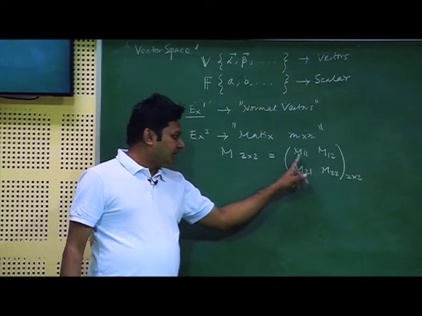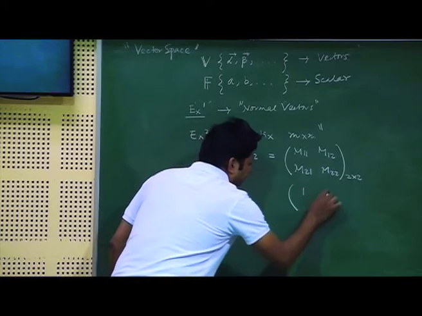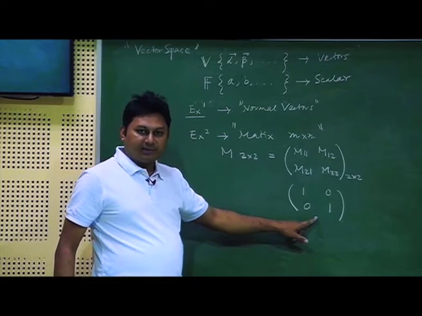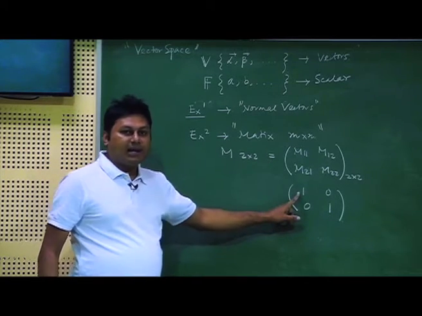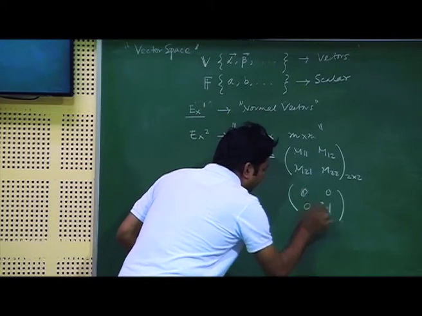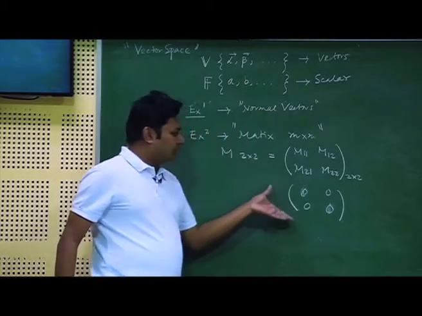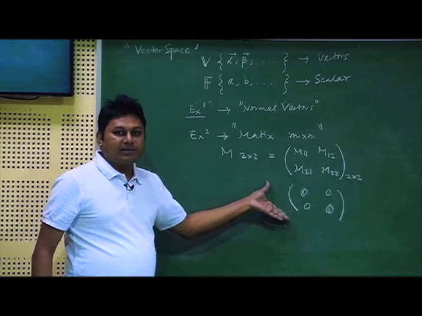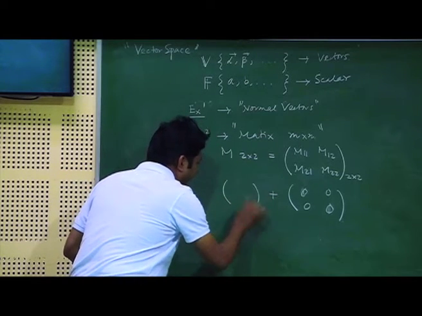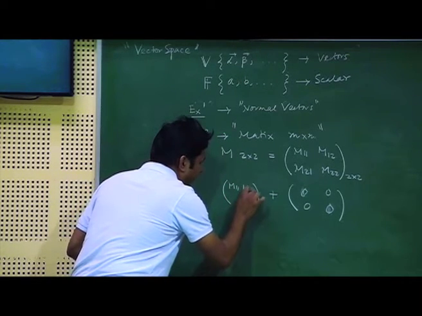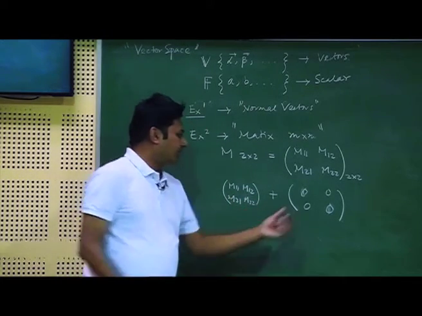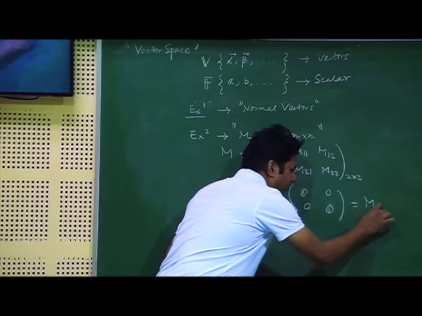If I add a matrix in this form, this is also an element of 2 by 2 matrices, and this behaves like an identity. If I add it to any matrix, then as a result I will get back the same matrix M, 2 by 2.